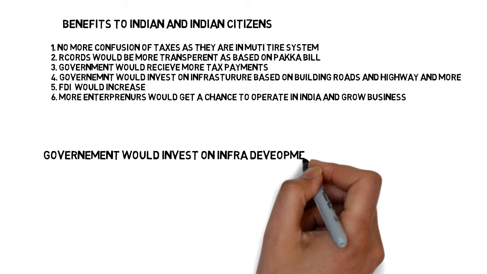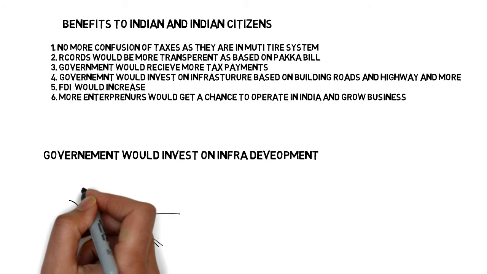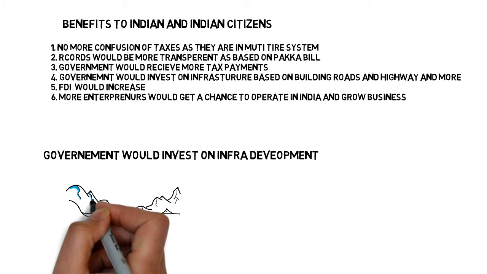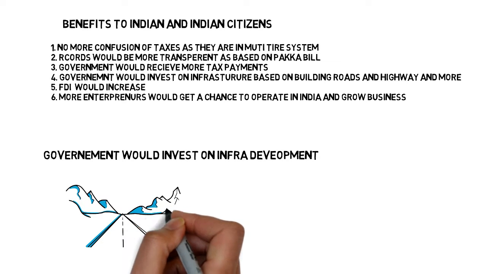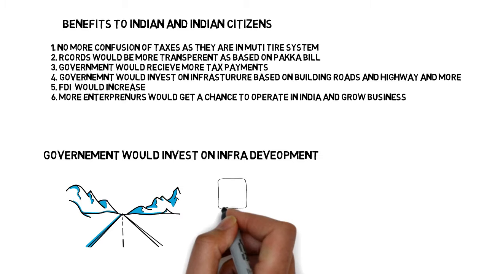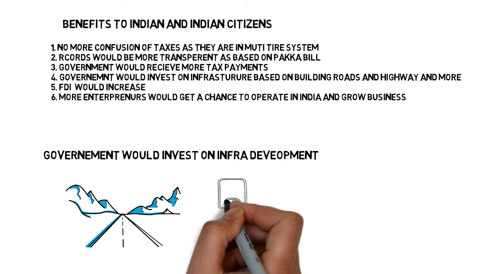There were many taxes that differed across states. So the government would build roads, metros, and metropolitan cities would do great, because highways would be built. They would also build facilities like metros, railways and monorails.